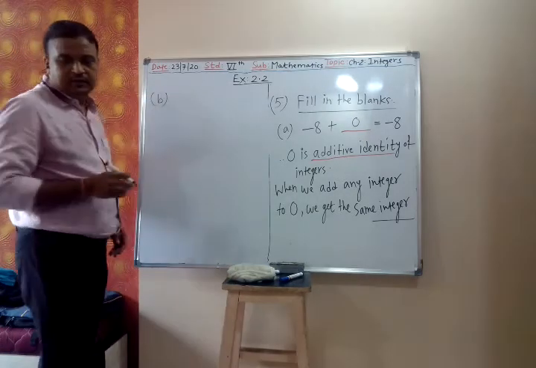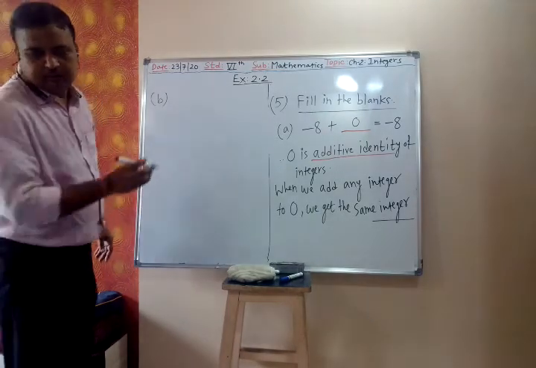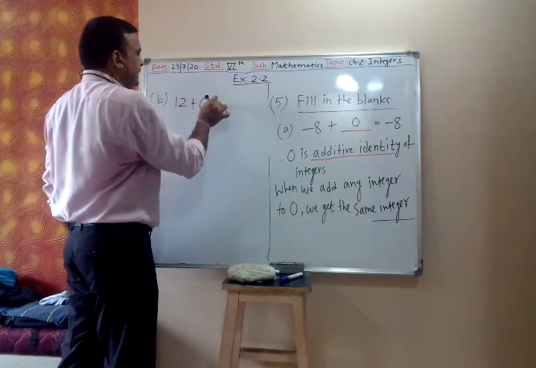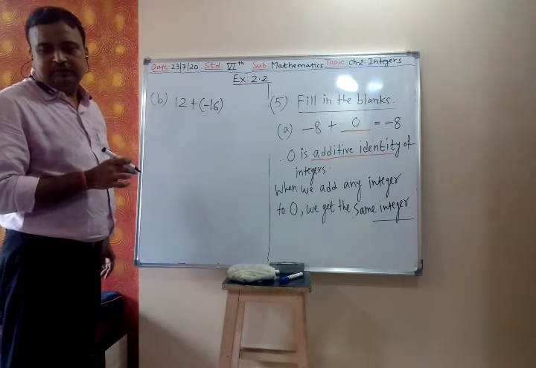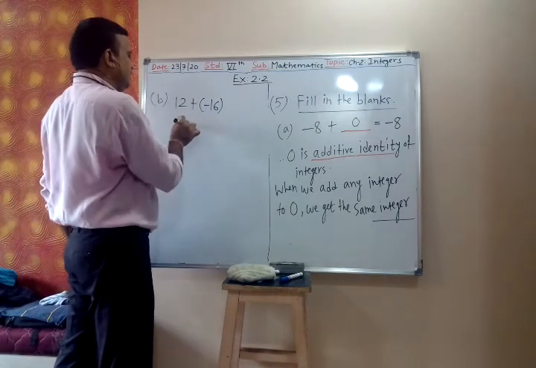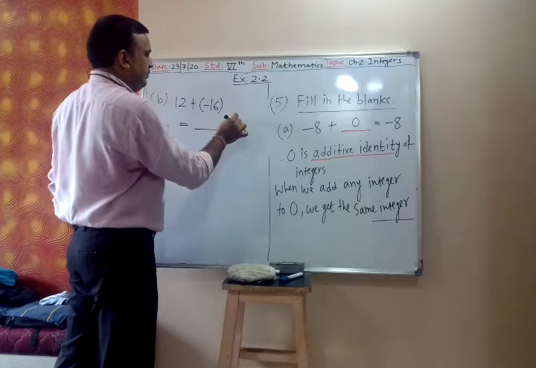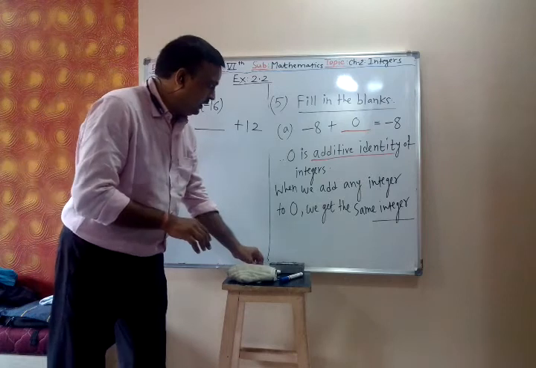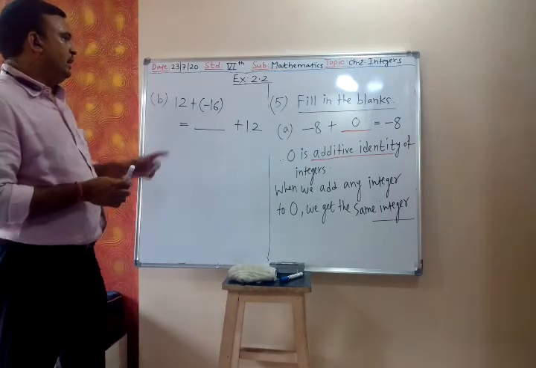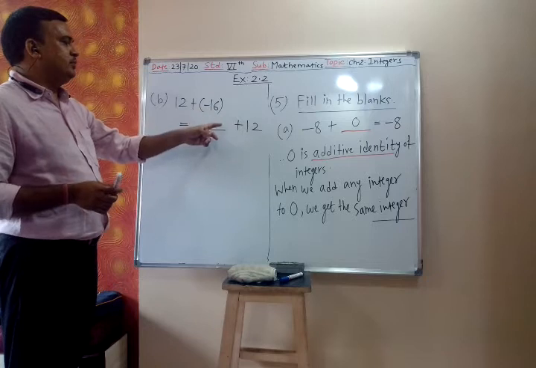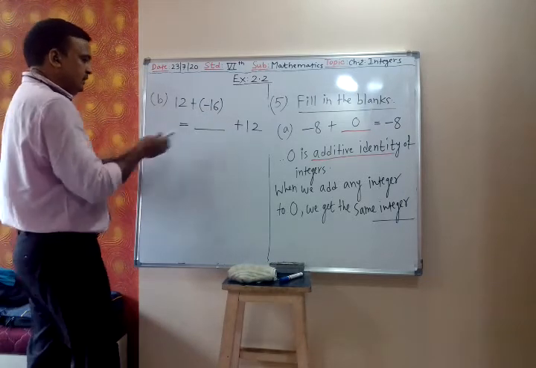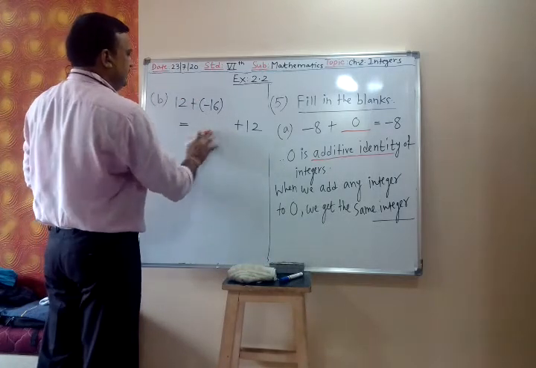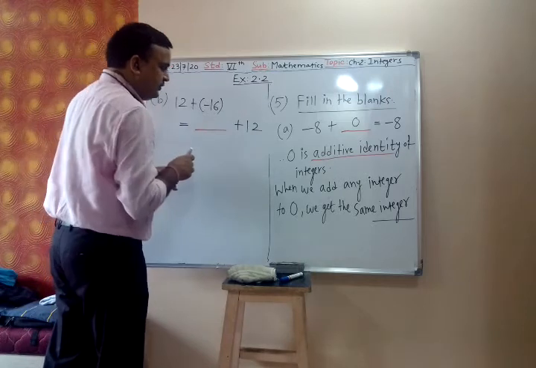Right, the B part. Underline. 12 plus minus 16 is equal to dash plus 12.